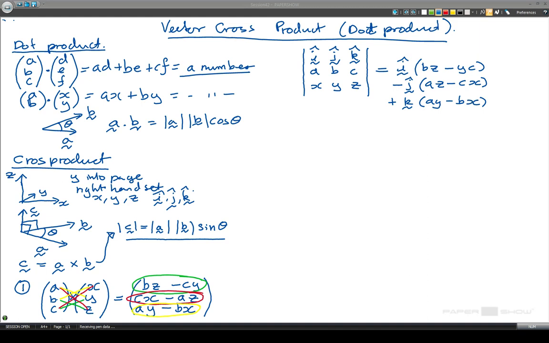And so we can get rid of the minus sign by just incorporating it in there.